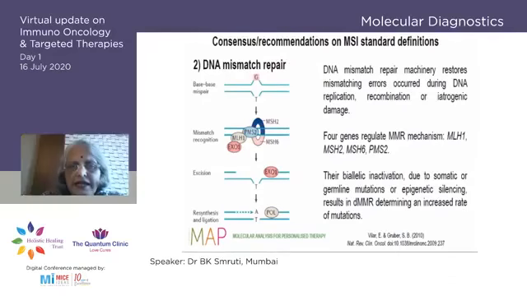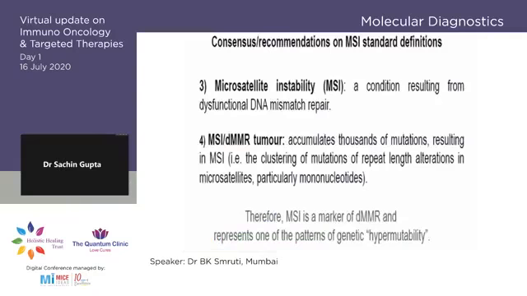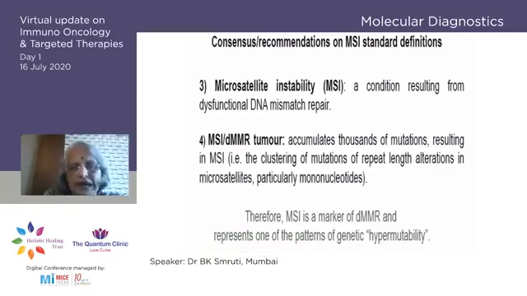So then you have the DNA mismatch repair, which I have already alluded to, and 4 genes which are important, which we are all aware of. Next slide. And then you have this definition of microsatellite instability, which I have already alluded to, and also that thousands of these mutations actually accumulate as a result and lead to the MSI tumors. Next slide.